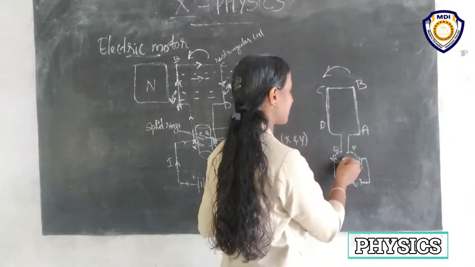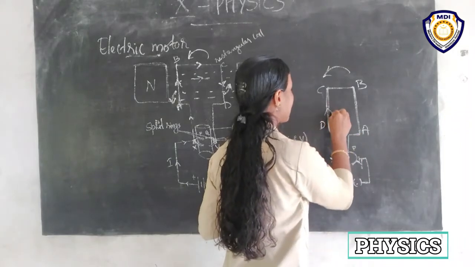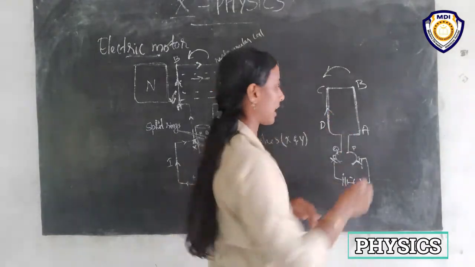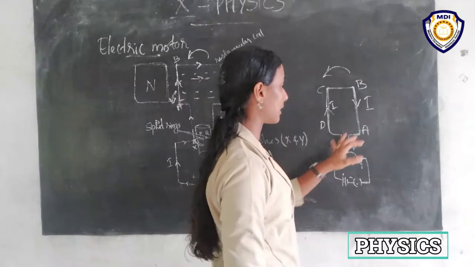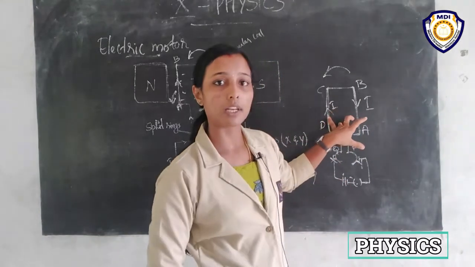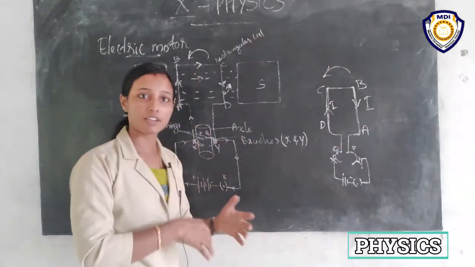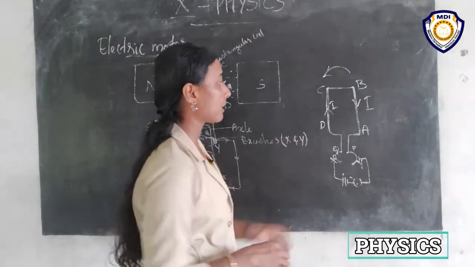After half rotation, the split rings are changed and CD now experiences an upward current, and AB experiences a downward current. That means the direction of current inside this armature gets reversed after half rotation.